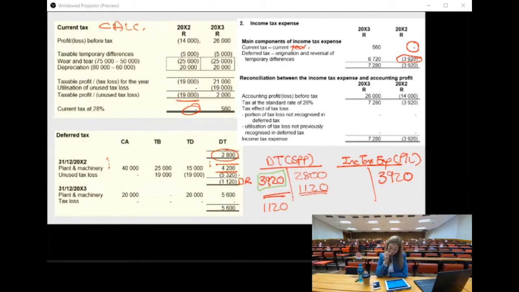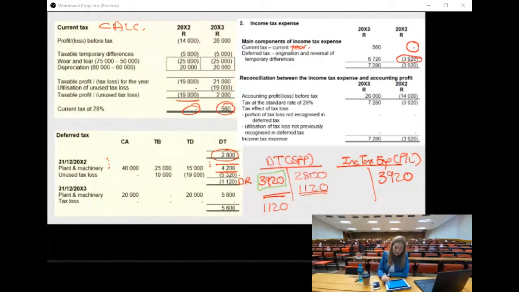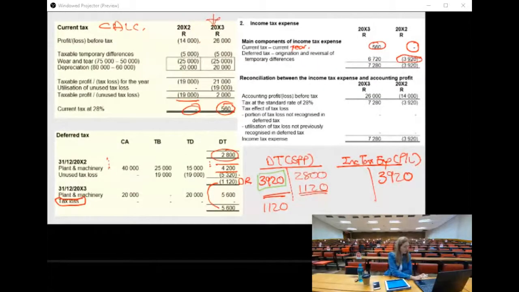Then in our next year, what happens? So in the next year, we do have a current tax expense of 60. And now our movement from the debit balance to a credit closing balance. Remember, now we don't have the tax loss in here anymore, because at the end of 20x3, I did record, we don't have an unused tax loss anymore because we've used the full unused tax loss amount.